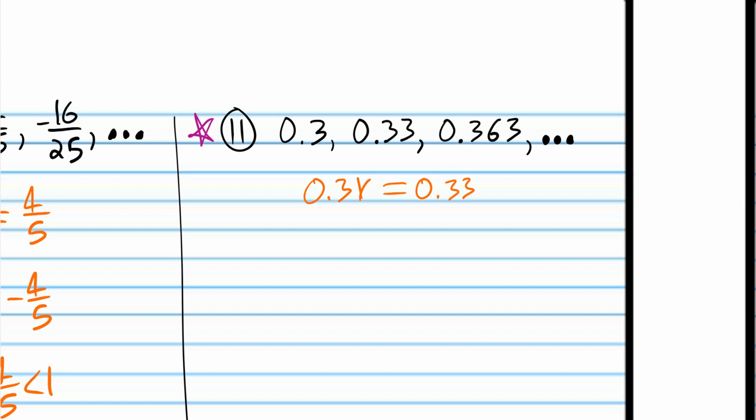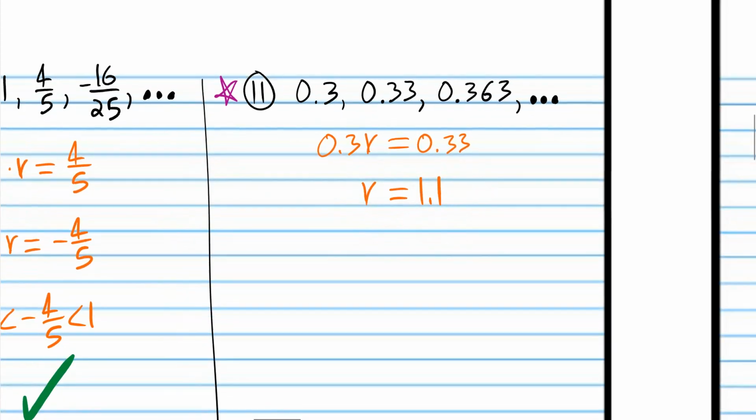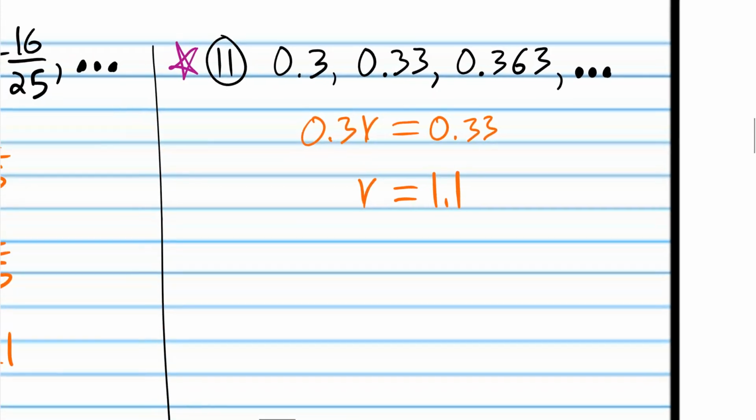If we divide 0.33 by 0.3, we get 1.1. And notice that 1.1 is not between -1 and 1.